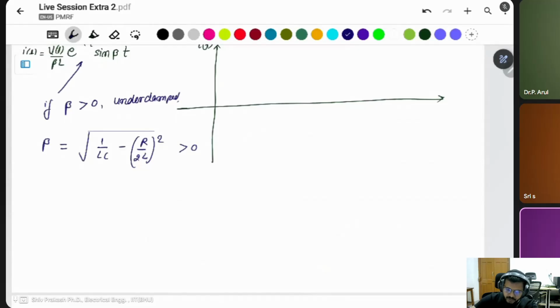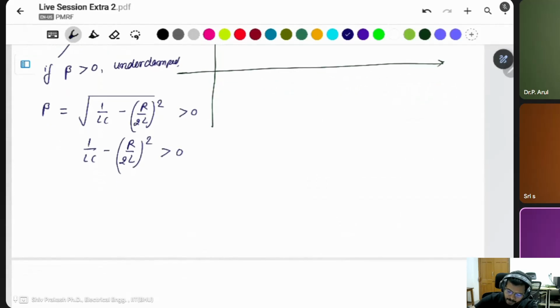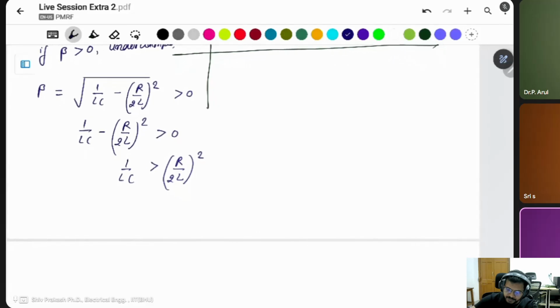So you can simply square both sides. Then 1 by LC minus (R by 2L) square will be greater than 0, and 0 square is 0. Then 1 by LC is greater than (R by 2L) whole square.